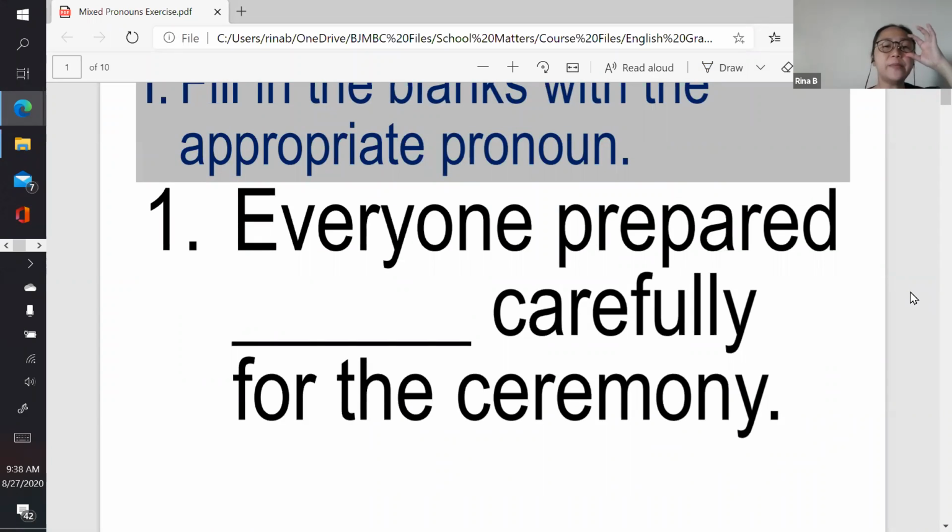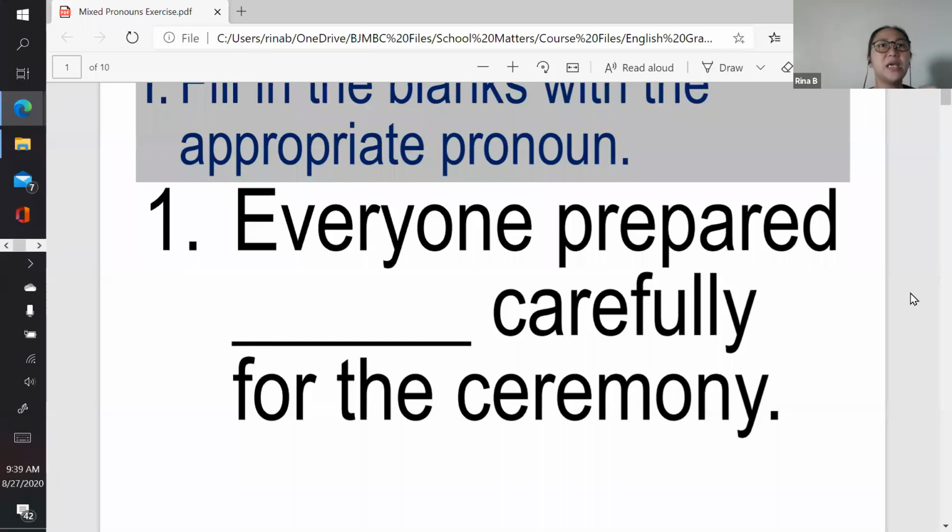So just type your answer. If I call you, just type your answer in the blank, in our chat box. Okay. So fill in the blanks. This will be a combination of any type of pronoun. It can be an interrogative pronoun. It can be a demonstrative pronoun. It can be a personal pronoun, reflexive, intensive.